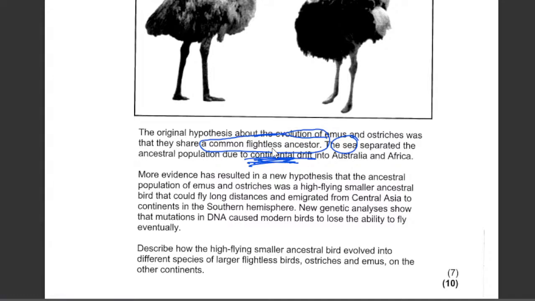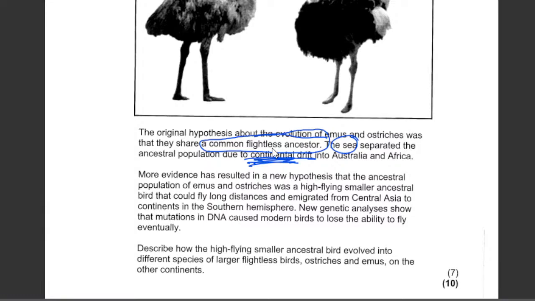More evidence has resulted in a new hypothesis that the ancestral population of emus and ostrich was highly flying small ancestral birds that could fly long distances and migrate from Central Asia to continents in the southern hemisphere.